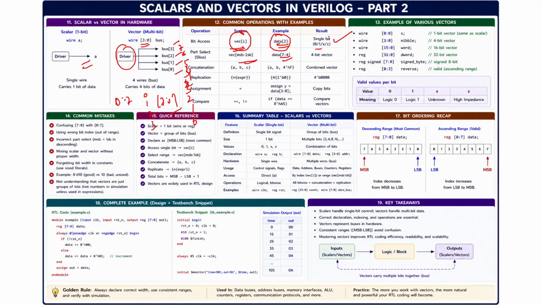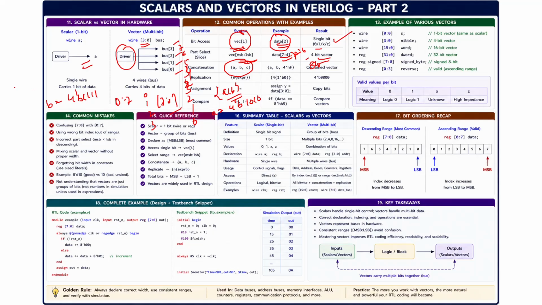These static vectors store only 0, 1, x and high impedance values. 7 down to 4 means a 4-bit vector, and 7 down to 0 means an 8-bit vector. Concatenation means combining different variables. Suppose I want to combine A and B, just concatenating A comma B. That means A value is 4 tick b 1010, and B value is 4 tick b 1111.